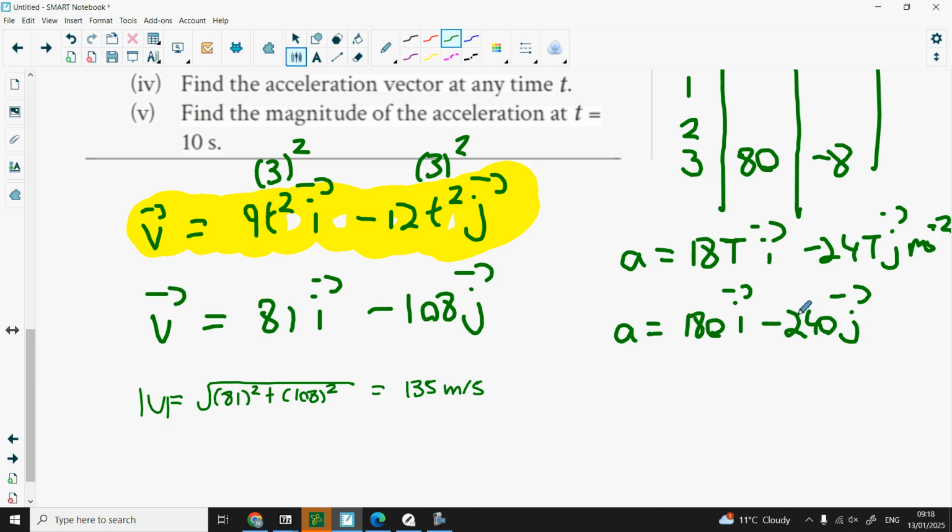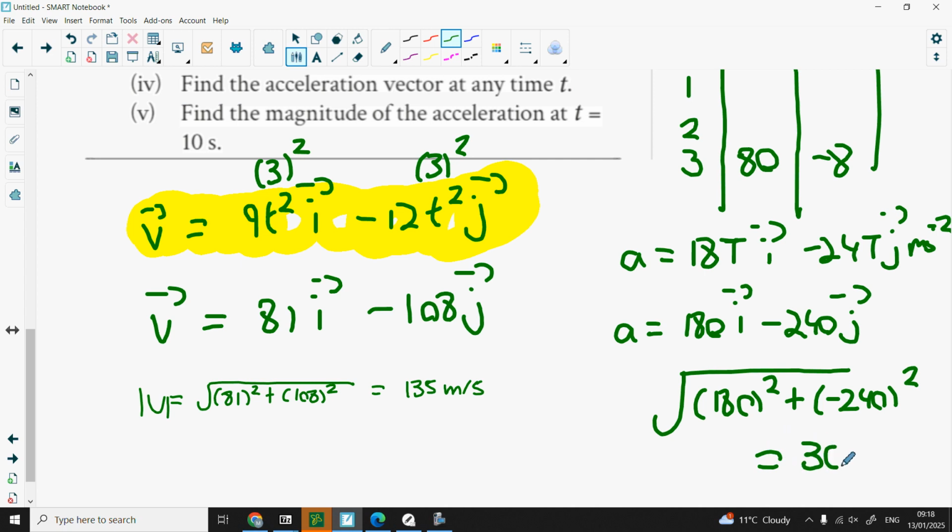And then we're going to use Pythagoras' theorem to get the magnitude. So let's get the magnitude. What do we get? Okay, I'm hoping for 300. Does anybody else get 300? Okay.